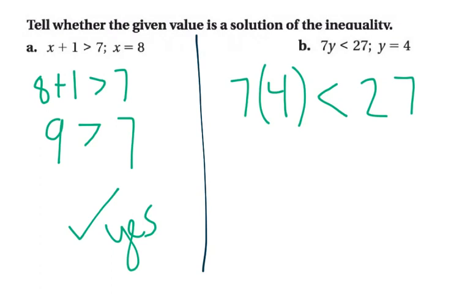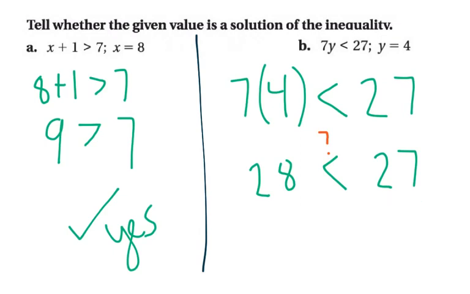Well, we've got to figure out what is 7 times 4. 7 times 4 is 28. So 28 is less than 27. And we don't know. Is that true right now? Is it true that 28 is less than 27?